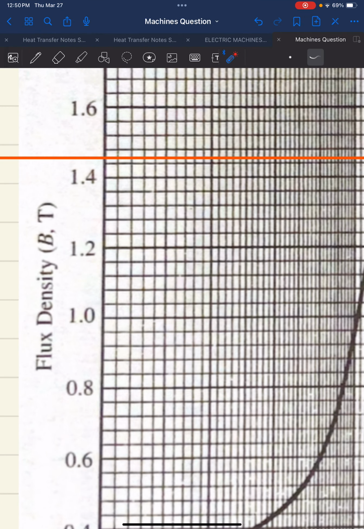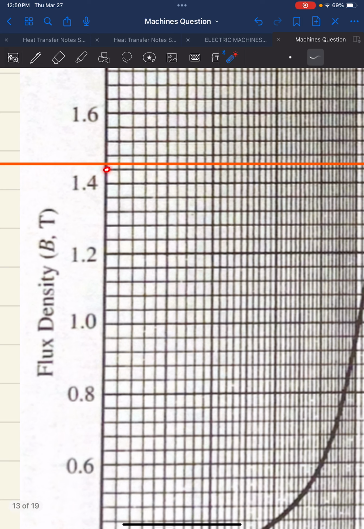So the first tick is 1.44. This becomes 1.48, 1.52, right? So on and so forth until you eventually get to 1.6. So this is 1.44. This one would be 1.48.